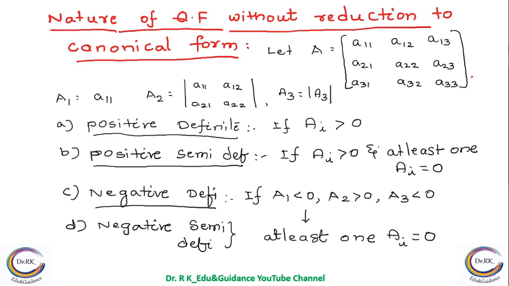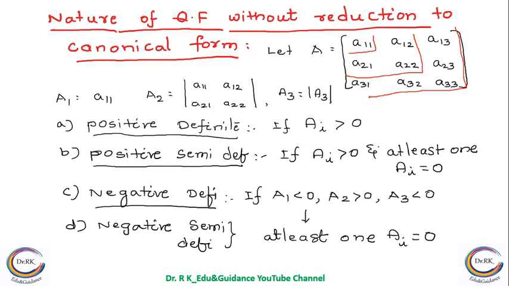Another one is without reducing into canonical form and without eigenvalues, just by taking the matrix as it is. In a matrix we'll have the principal determinants. This is the principal determinant of order 1, this is the principal determinant of order 2, and this is the principal determinant of order 3. Generally they are called D1, D2, D3.